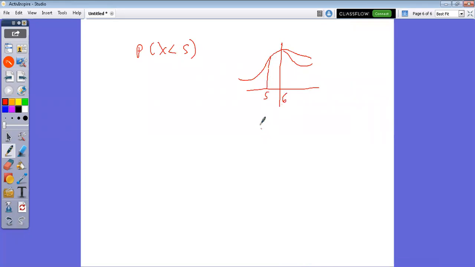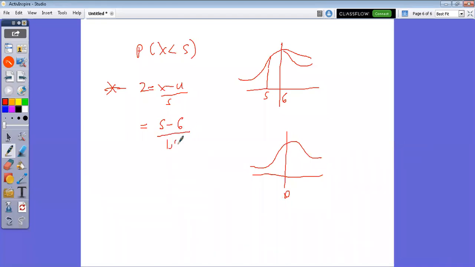Okay. So now we have to normalize this first so that it follows a Z distribution, where this is 0. To do that, we use the same formula: Z is equal to X minus mu over sigma. So it is 5 minus the mean, which is 6, divided by 1.4, our standard deviation.